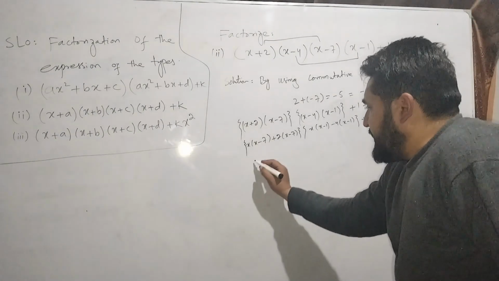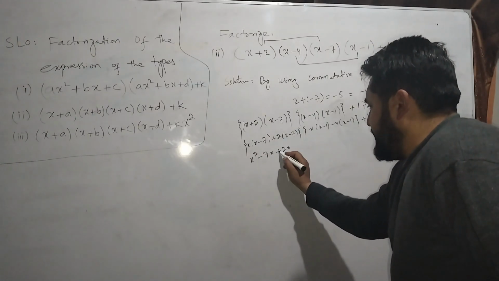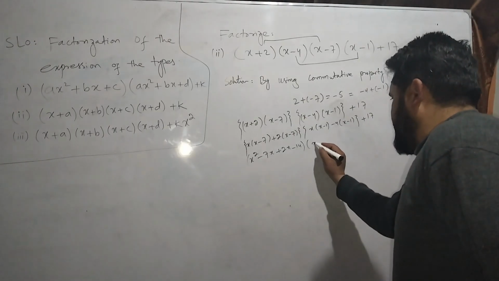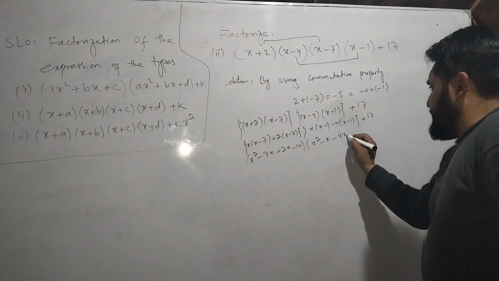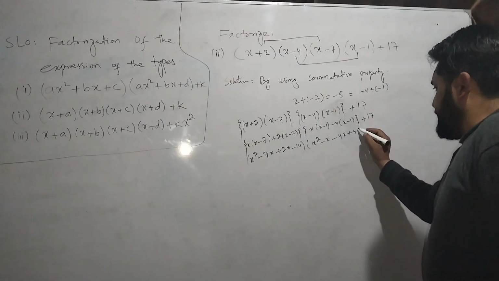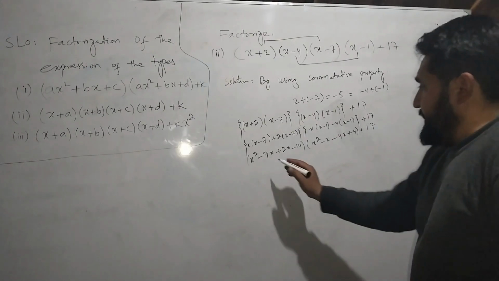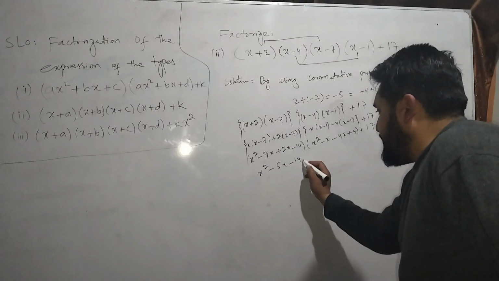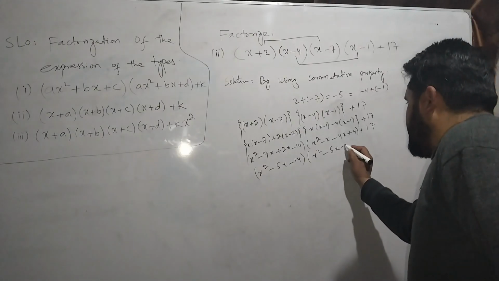Okay, we just multiply these two. X square minus 7x plus 2x minus 14. X square minus x minus 4x plus 4, plus 17. Okay, x square minus 5x minus 14, x square minus 5x plus 14.